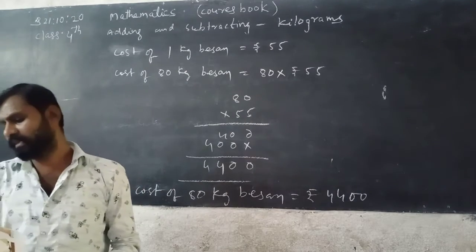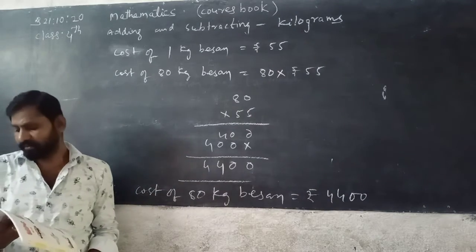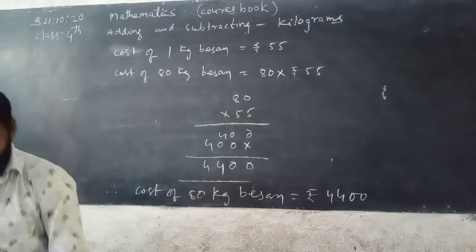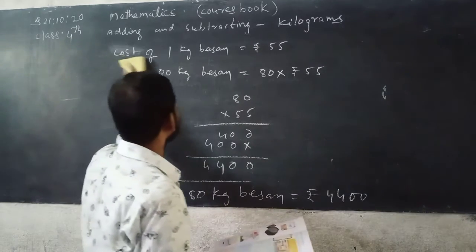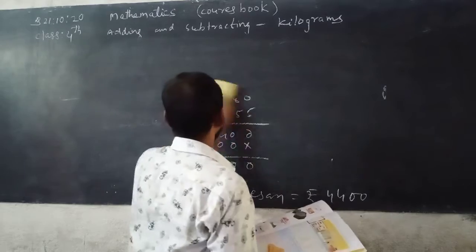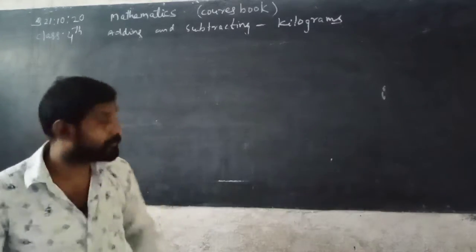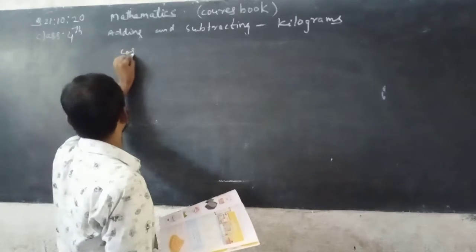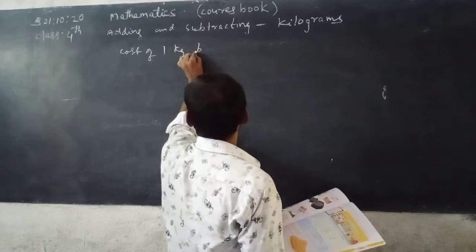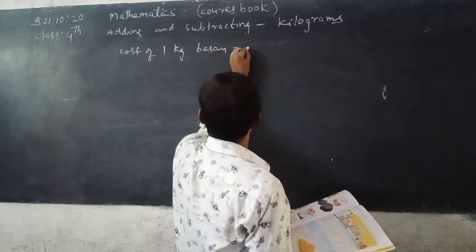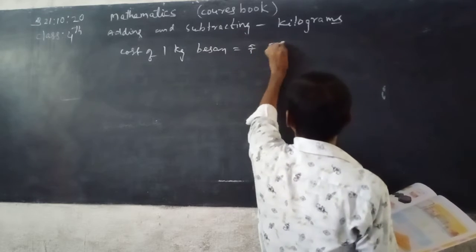Now next, how much money did she spend to buy besan to make Mysore pak only? See, she uses 45 kg besan to make Mysore pak. Now here, write down everybody. Cost of 1 kg besan is equal to 55 rupees.